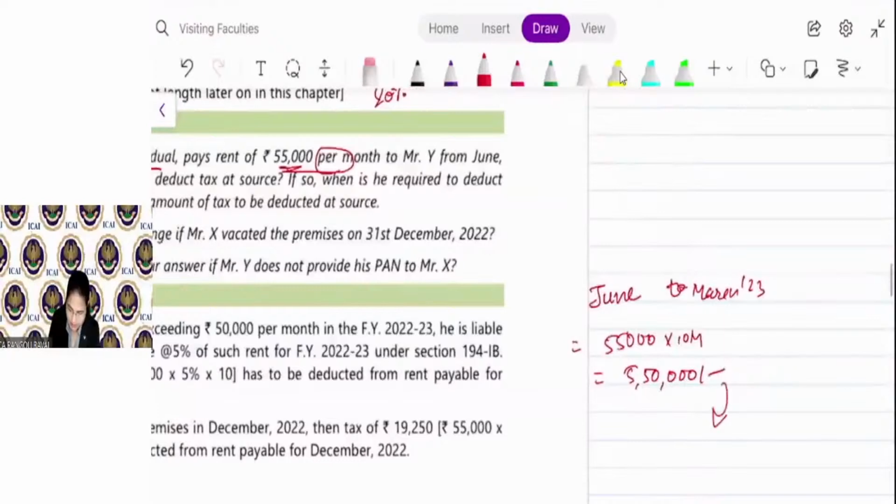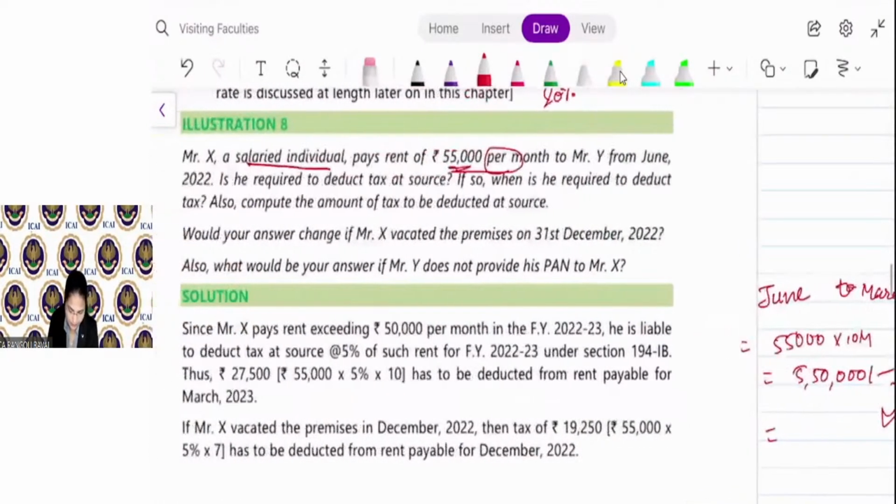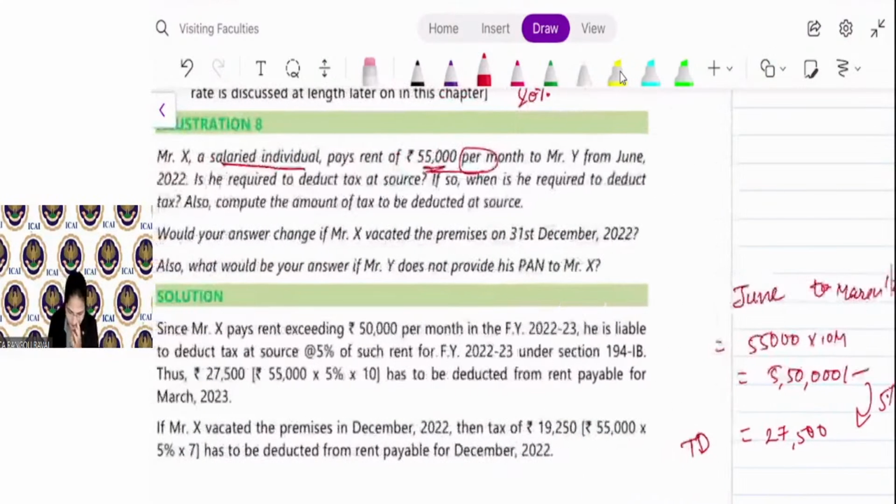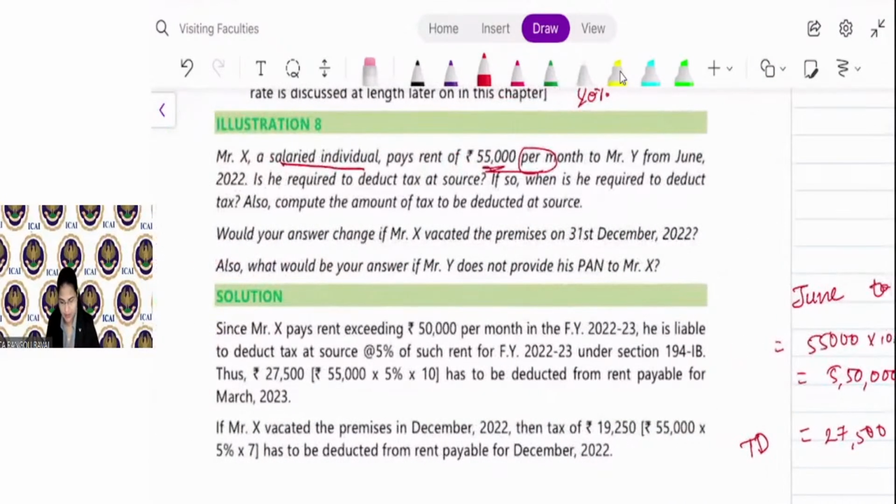So what is 5% of 5,50,000? Everyone, it comes to 27,500. So Mr. X is required to deduct TDS of rupees 27,500 from the rent of which month? March month, right? So he will deduct TDS of 27,500 from the rent of March month.